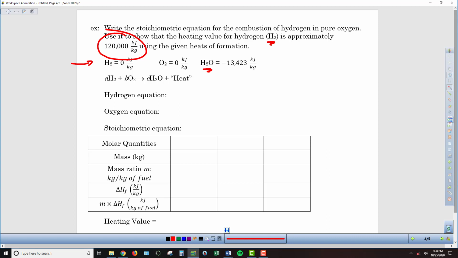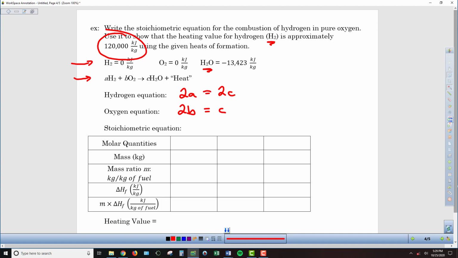So the first thing we've got to do, though, is we've got to balance this stoichiometric equation that we see in front of us here. Now we've already balanced this before for hydrogen, so we'll go through it quickly. But our equations are going to be 2A for the hydrogen equals 2C. For the oxygen, we've got 2B on the left equals C on the right.